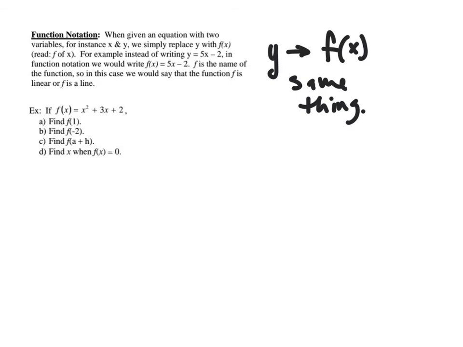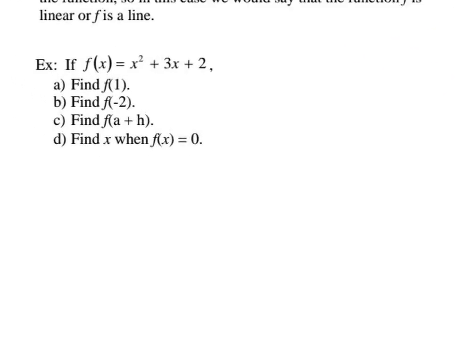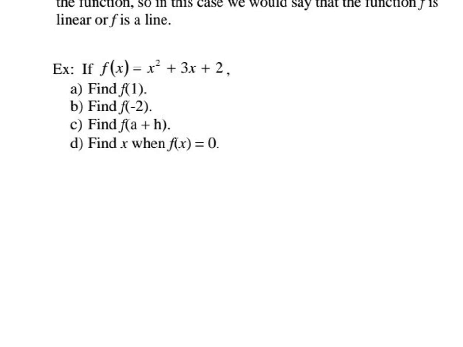So what I want to do over here is talk about what we do with these. In this example, you have a function, and let me zoom in just a little bit. We have this function, f of x is equal to x squared plus 3x plus 2, and I want to evaluate this function for the following values.